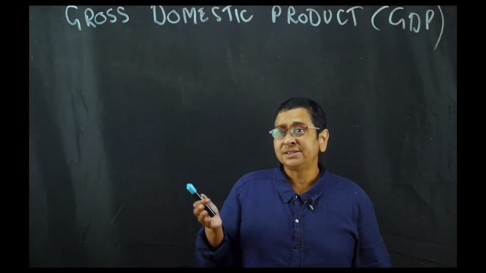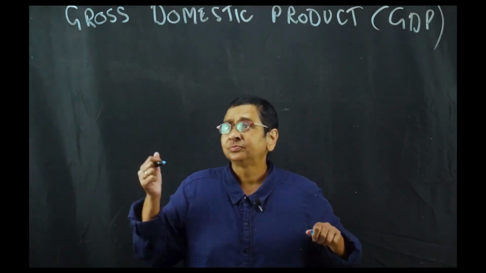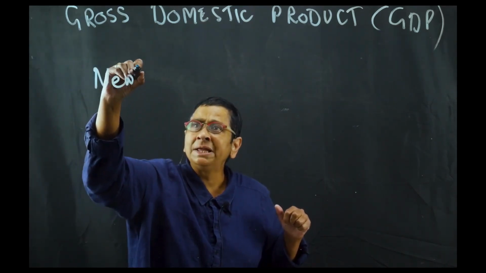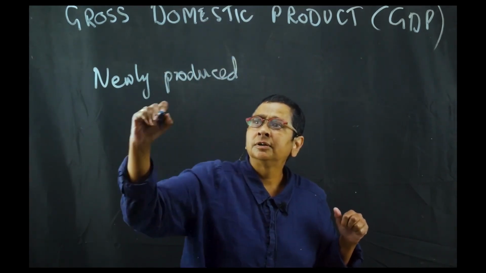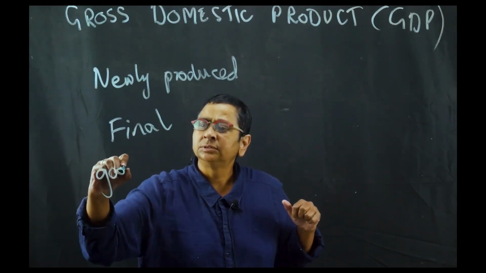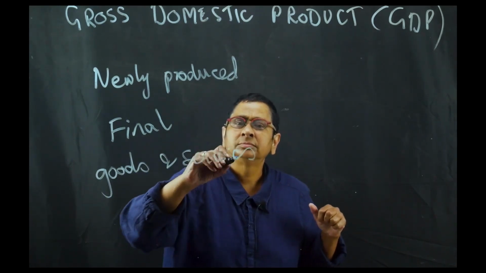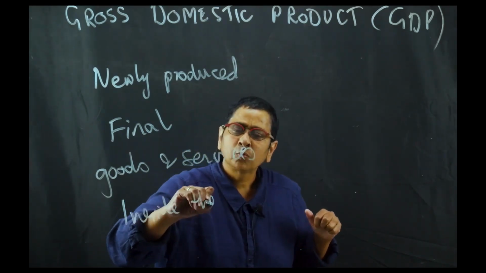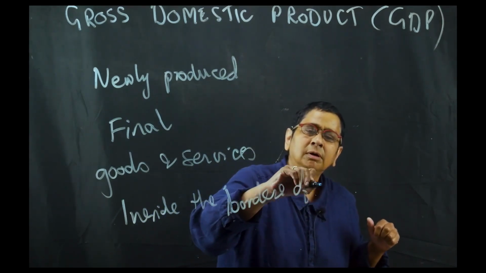So the GDP is defined as the total value, or the sum of, every element of this is important, all newly produced final goods and services produced inside the borders of a country.